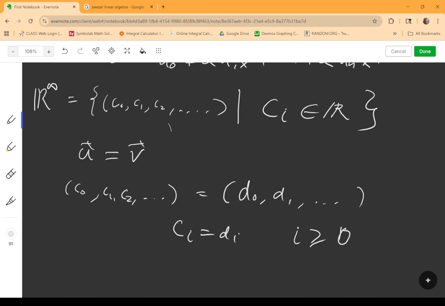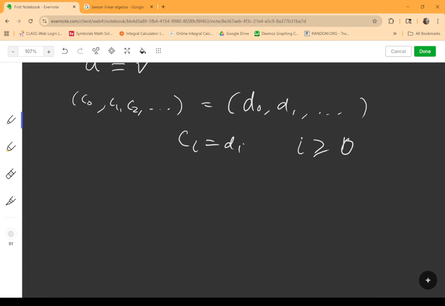And then we can define addition element-wise, similar to the column vectors. The only difference is that these are infinite sequences.